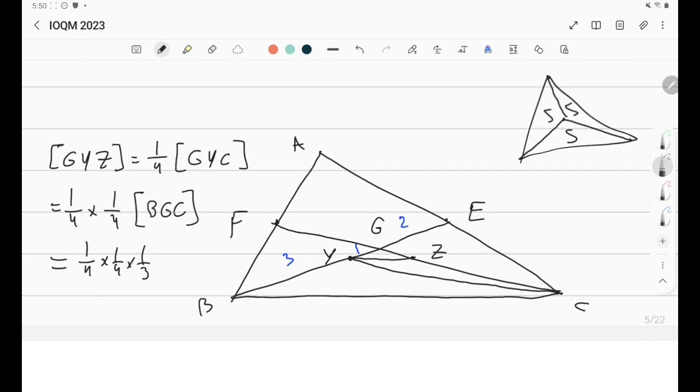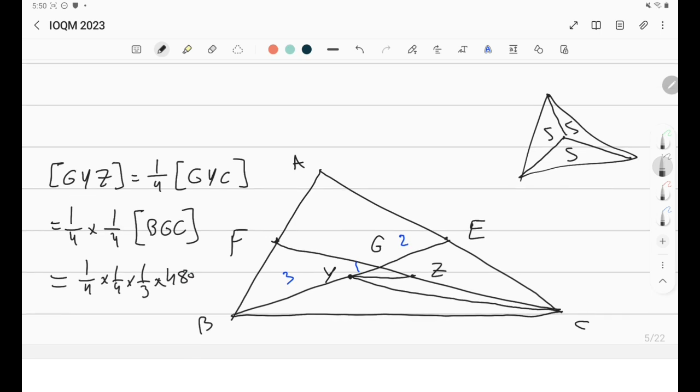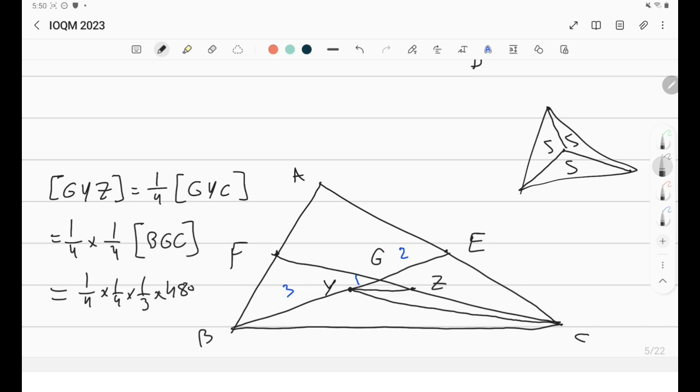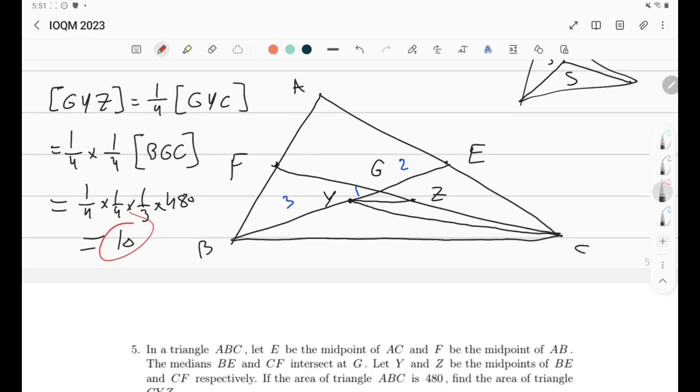It was 480. Okay, so let's calculate that. 4 with 480, that is 120. 120 over 12 is just 10. So the answer is 10. Nice.